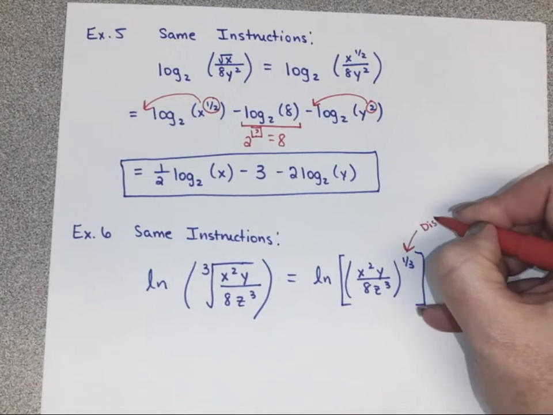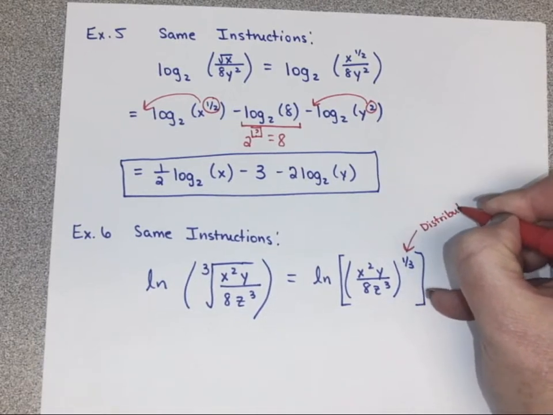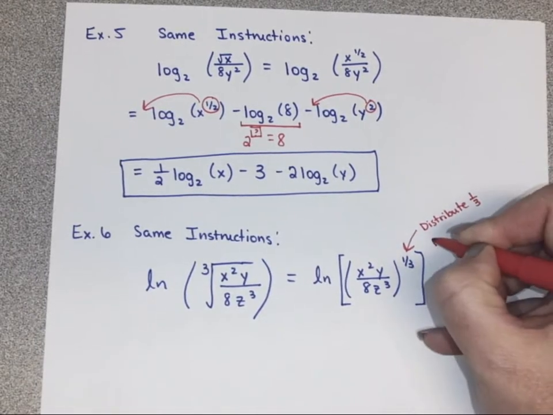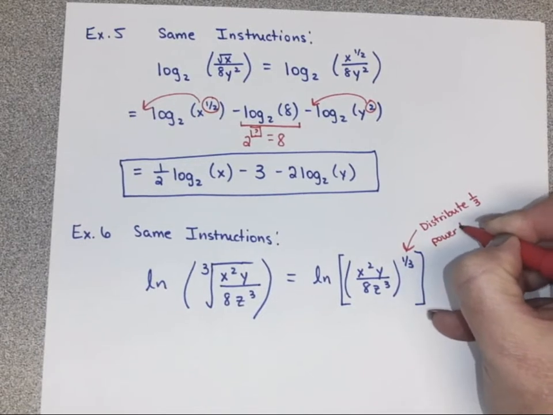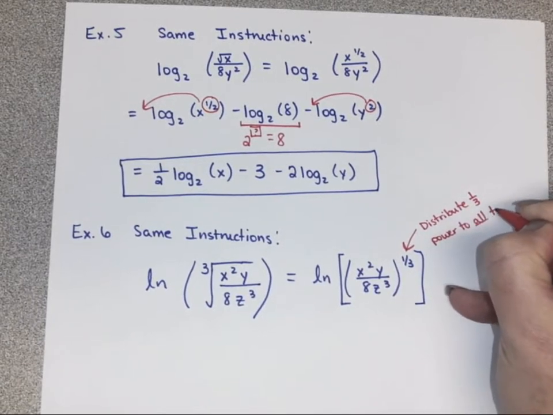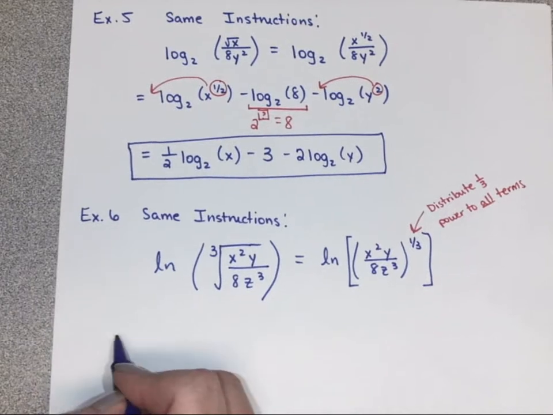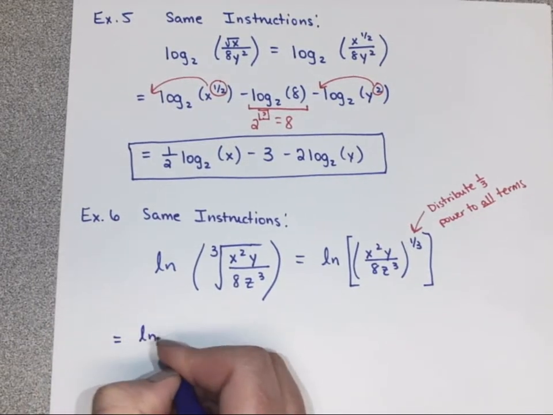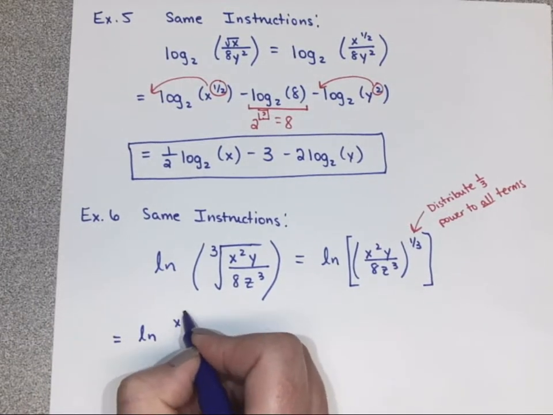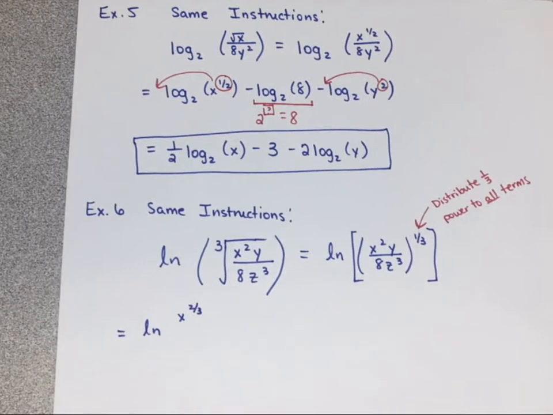Okay, so I'm going to say we're going to distribute the 1/3 power to all terms. So this is what we're going to get if we do that. It's going to be the natural log of x to the 2/3 power, because 2 times 1/3 is 2/3.